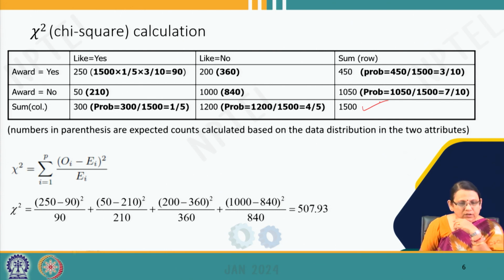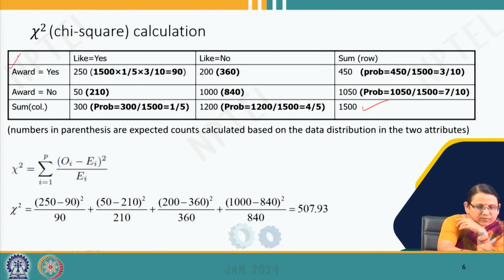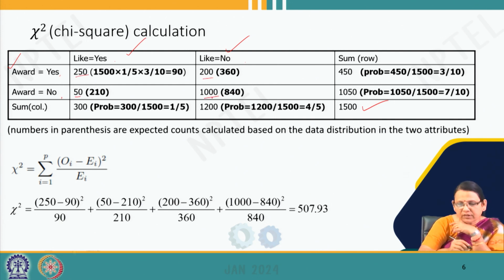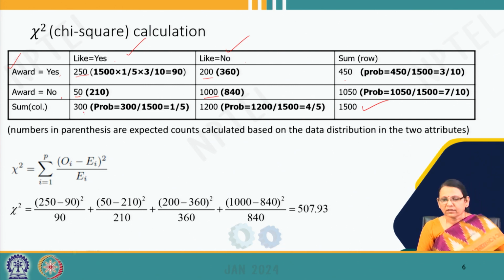Taking the variable award and finding its chi-square contingency table with respect to the response variable, whether the person likes that movie or not, like can take value yes and no, and award can take value yes and no. So, how many total yes? This is the actual observation, and you take the row sum and the column sum here. The row sums are 250, 200, 450. Similarly, the column sums are 250, 50, 300.